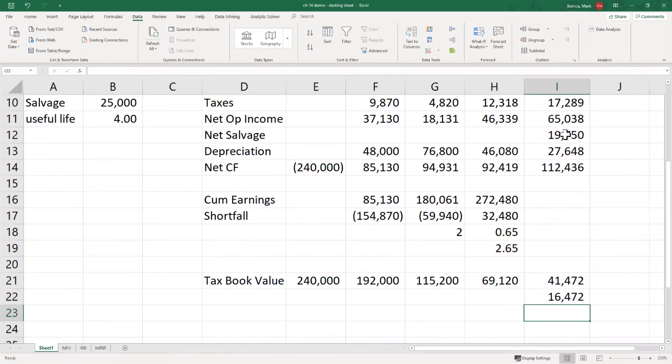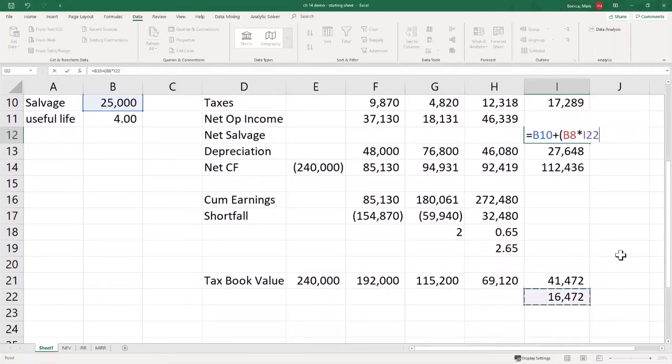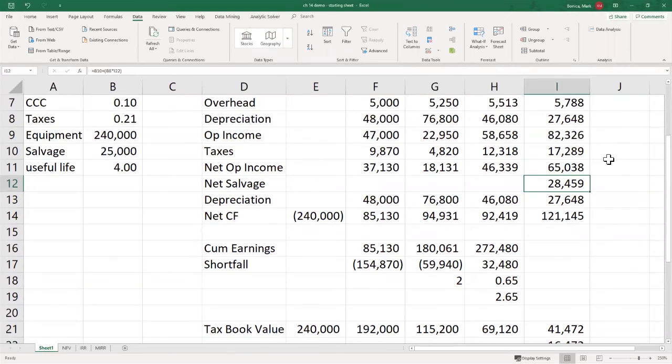So we would get our 25,000 plus we would have a tax benefit of our tax rate 0.21 times our capital loss of 16,000. So it would actually wind up being a plus for us.